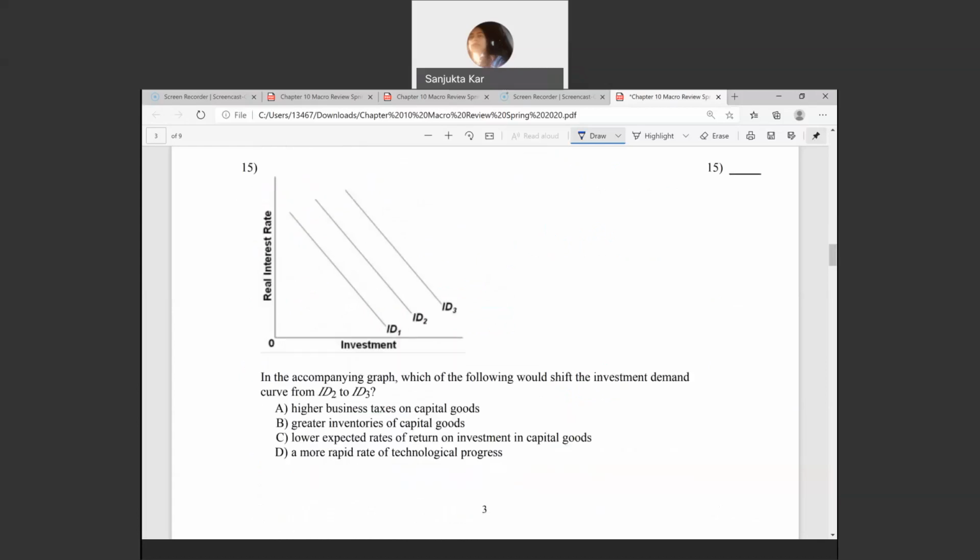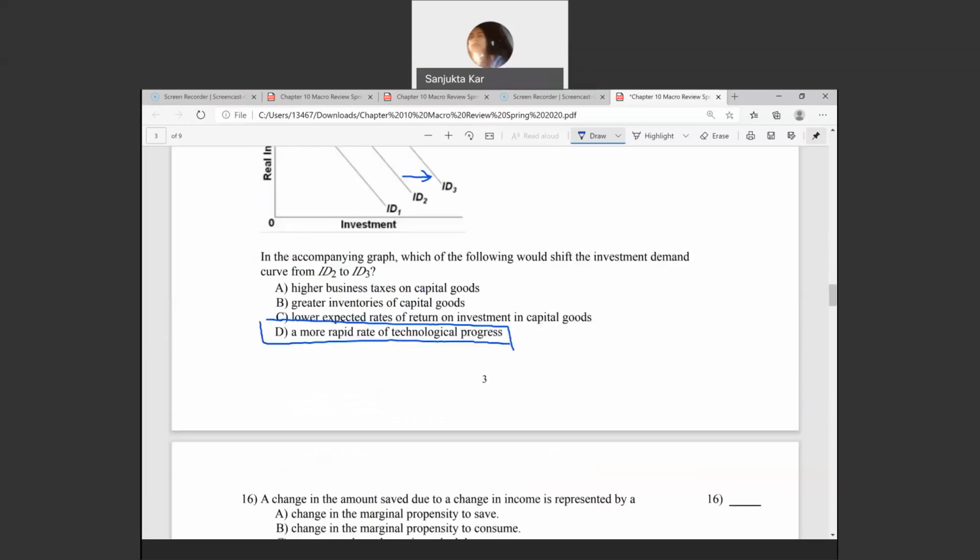Now, question number 15. What would shift the investment demand curve again to the right from ID2 to ID3? Oh, this one, a more rapid rate of technological progress. This will also shift the investment demand curve to the right.